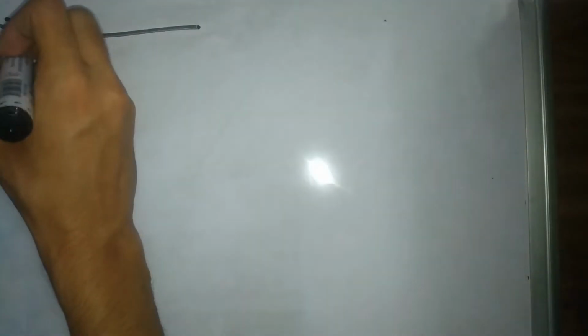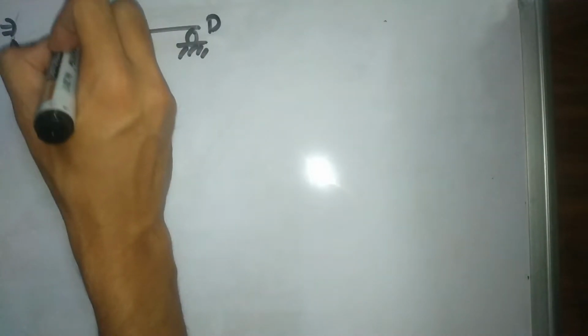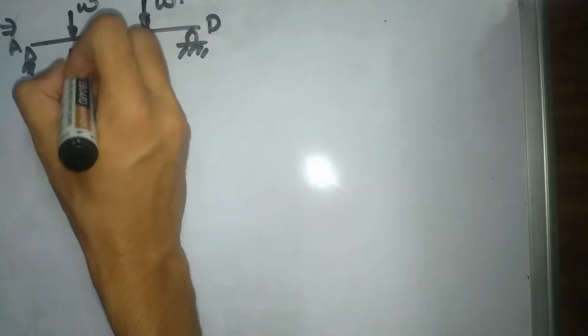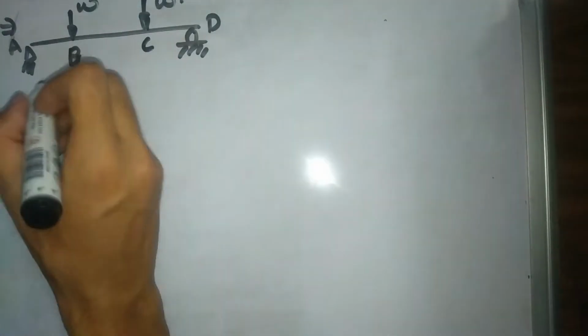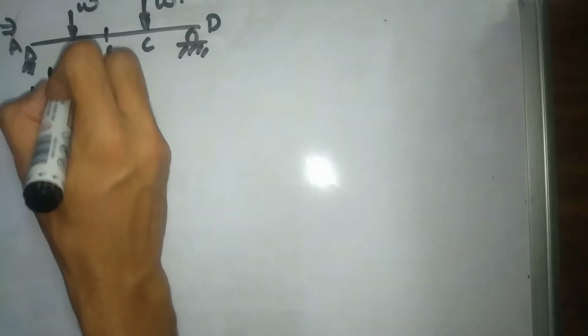Firstly, let me draw a real beam. This is my real beam. I have a hinge support at A, a roller support at D, and at a point B there is a point load W. This is going to be B, this is going to be C, and I have a midpoint A, and this is acting at a distance of L by 3.